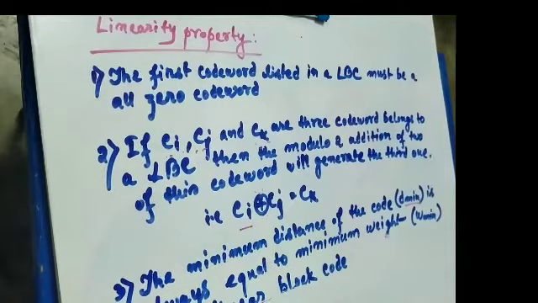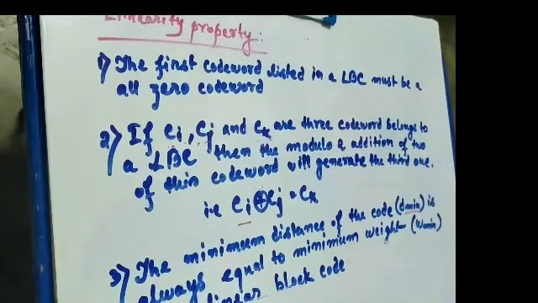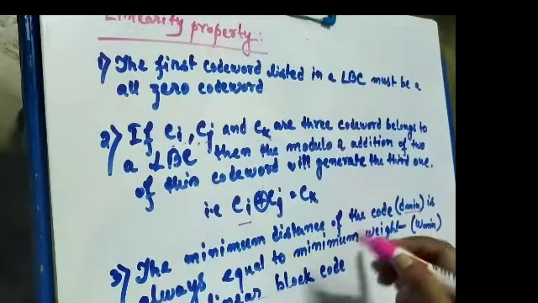Before we go through all the coding systems mentioned in your syllabus, you should first know about the linearity property of a code, because the code mentioned in your syllabus is an example of a linear block code. A block code is said to be linear if its code words satisfy these three conditions.